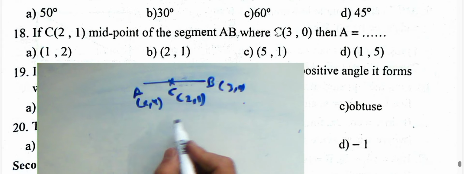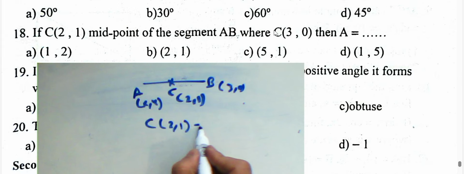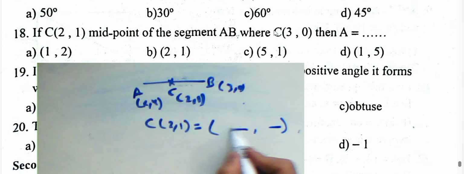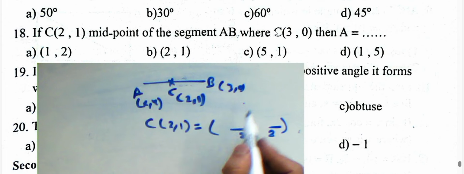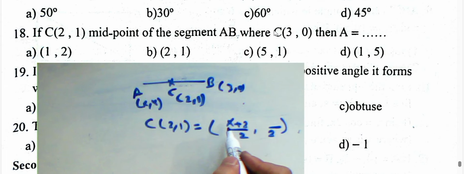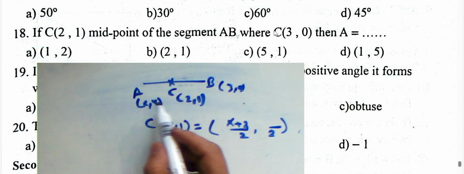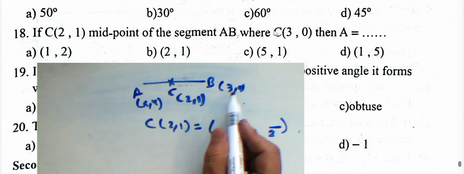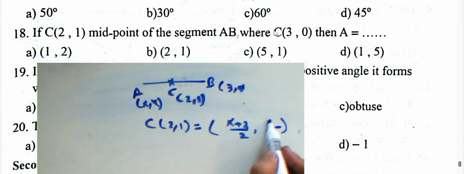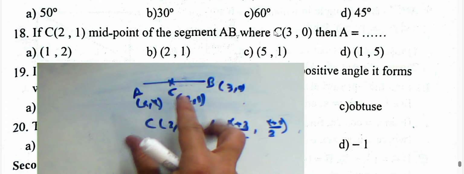I can write the rule: starting from the midpoint (2, 1) equals (x plus 3) divided by 2, first by first, and second by second, (y plus 0) divided by 2, because C lies in the middle.